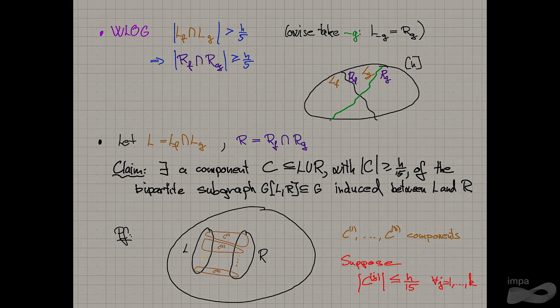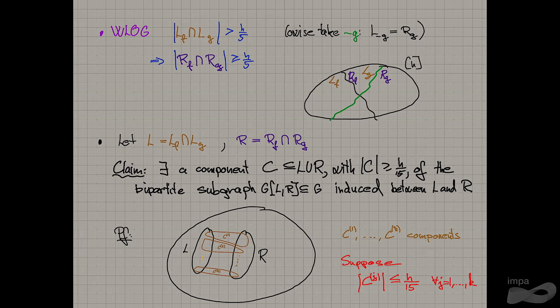Now, let's look at the two left sides, right? G has a left side, F has a left side, and without loss of generality, you can assume that they intersect in a large chunk, at least n over 5. Why is that? If they wouldn't, then you could just pass to minus G. Minus G is an isometric copy of G, so if you show the statement for that, it's also good. And the left side and the right side switch.